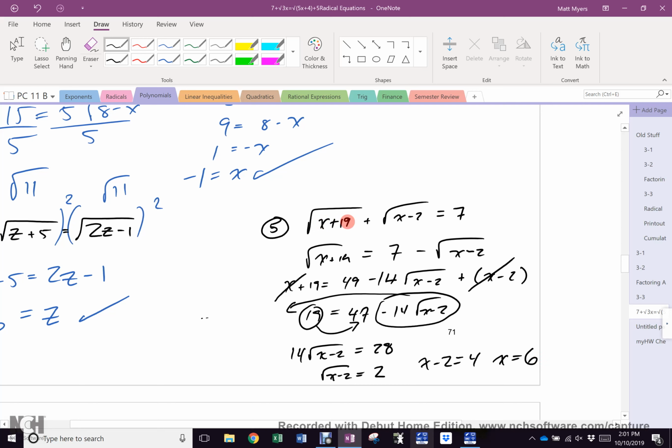What is 6 plus 19? Square root of 25. 5. What is 6 minus 2? Square root of 4. What's 5 plus 2? Does 7 equal 7? Yay! And I'm a genius.